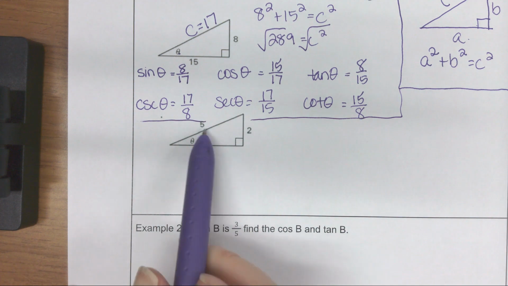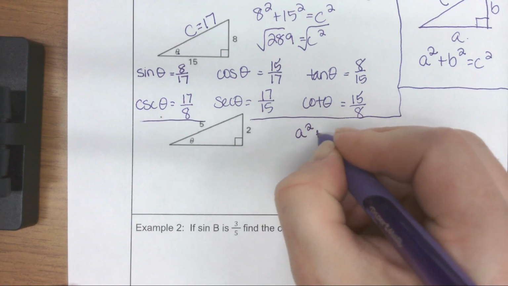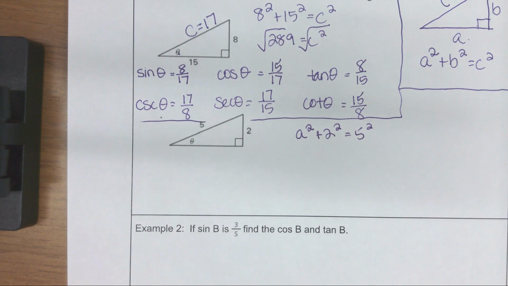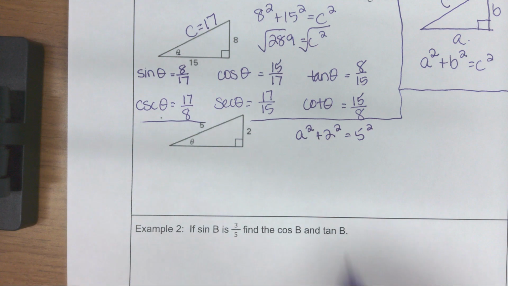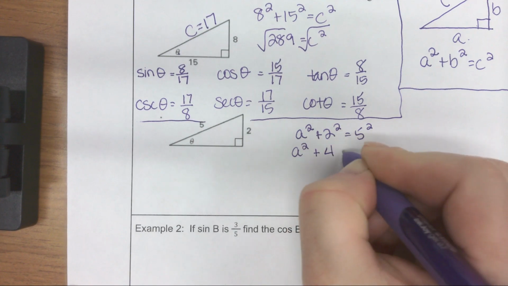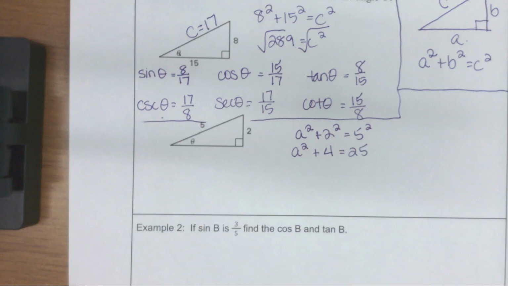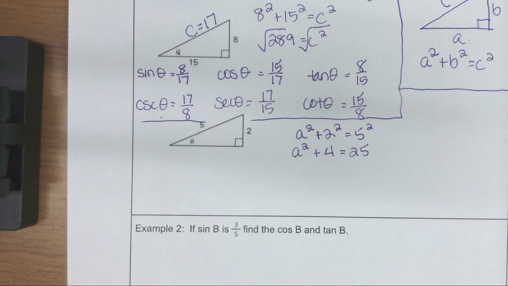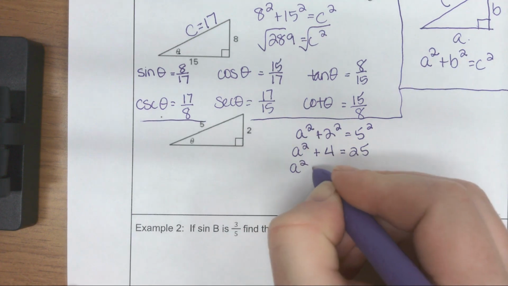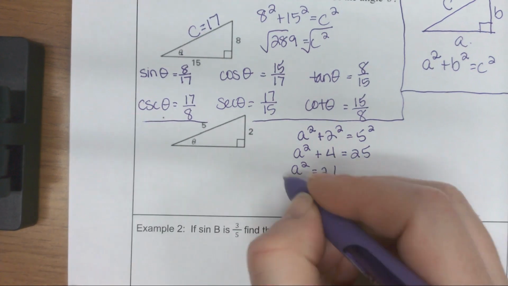I'll call it a squared plus 2 squared equals 5 squared. That's a squared plus 4 equals 25. I need to subtract 25 from both sides. And then I need to take the square root.